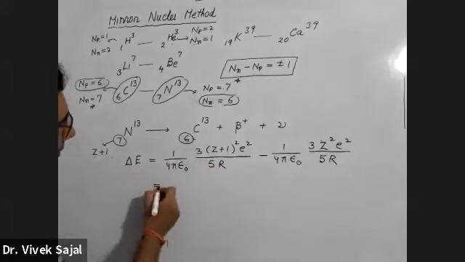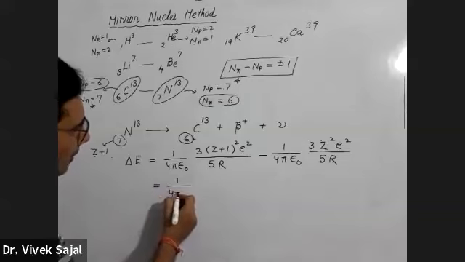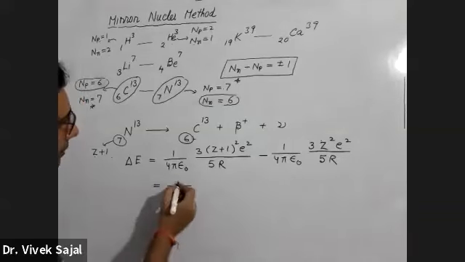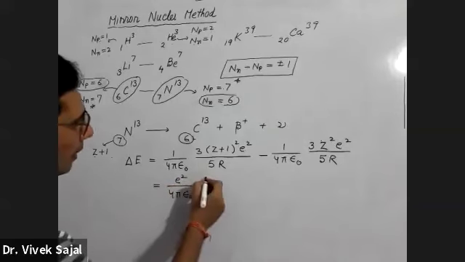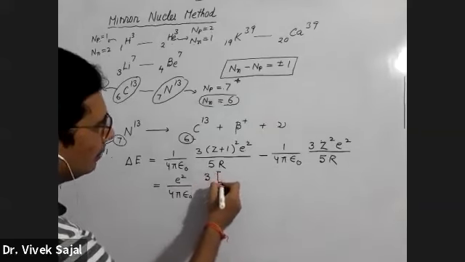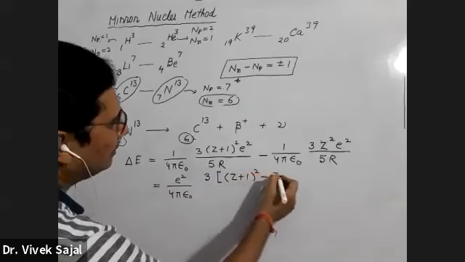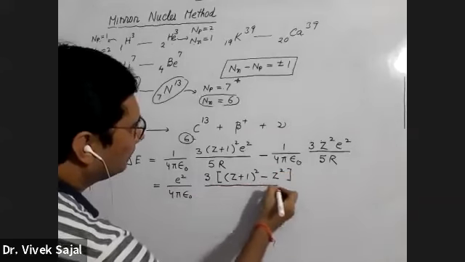So this much amount of energy is 1 upon 4 pi epsilon naught. I will take this E square here and write E square upon 4 pi epsilon naught, and here 3 times Z plus 1 square minus Z square upon 5R.